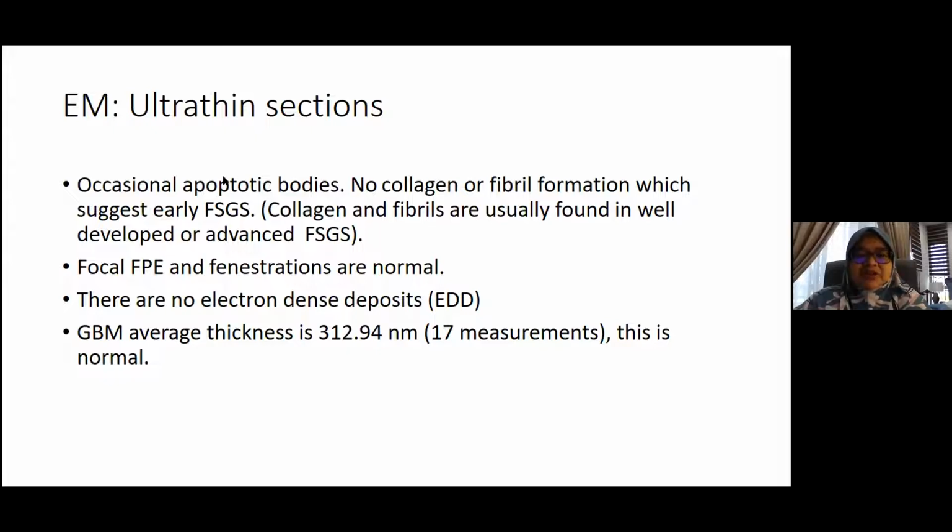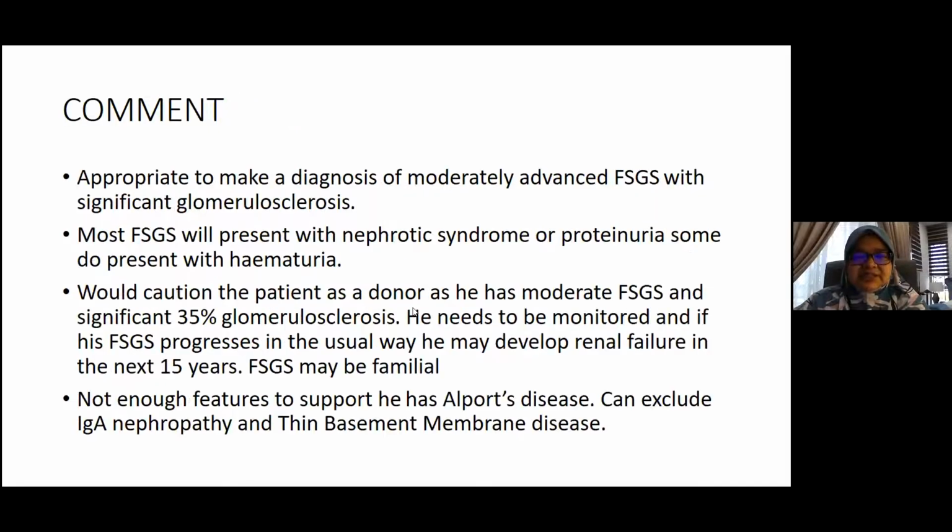But having the apoptotic body may suggest early FSGS, because the collagen and the fibrils are usually found in well-developed or advanced FSGS. So we saw some focal effacement of foot processes, normal fenestrated endothelium and no electron dense deposits.